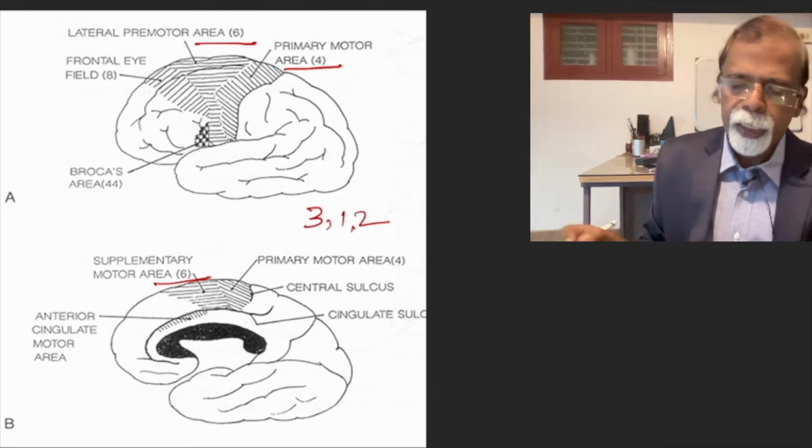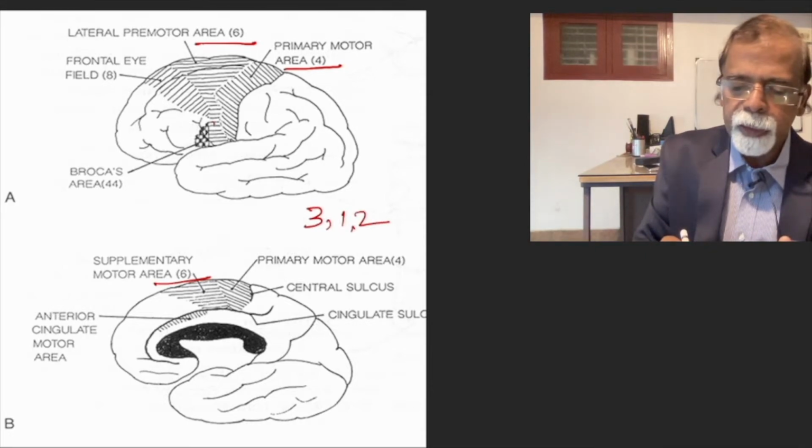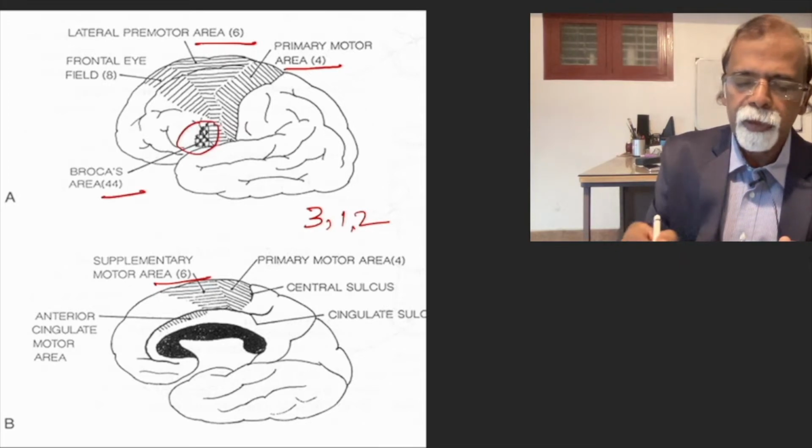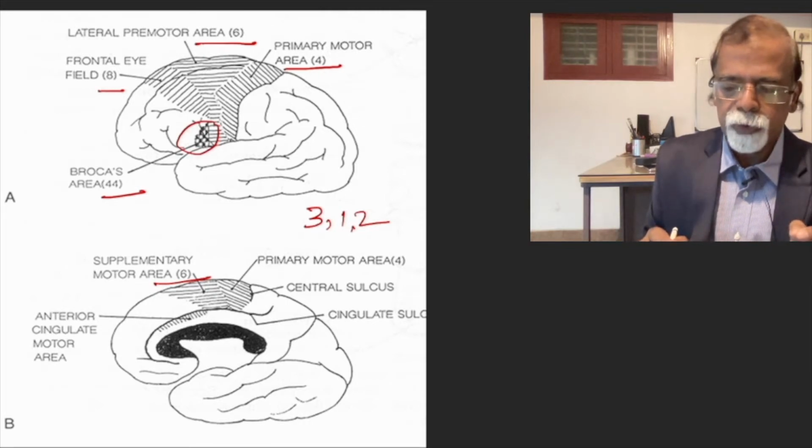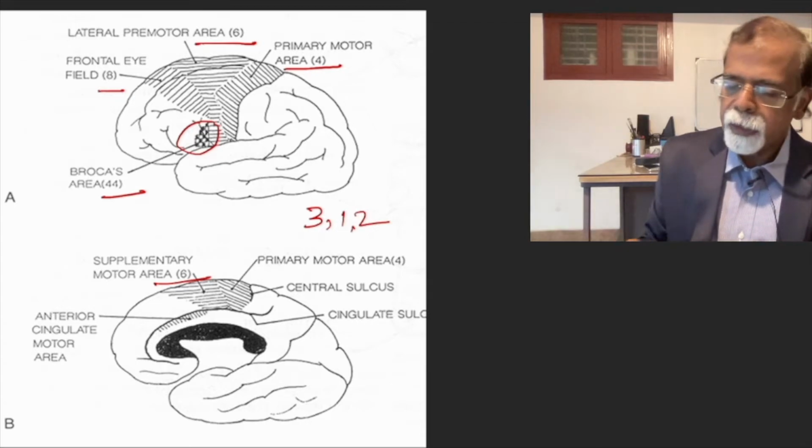So these are the major areas, and Broca's area, that is the speech center, is area 44, and the frontal eye field is area 8. So frontal eye field is 8, Broca's area is 44, parietal lobe is 3, 1, 2, and primary motor cortex is area 4. The supplementary and premotor areas are area 6.